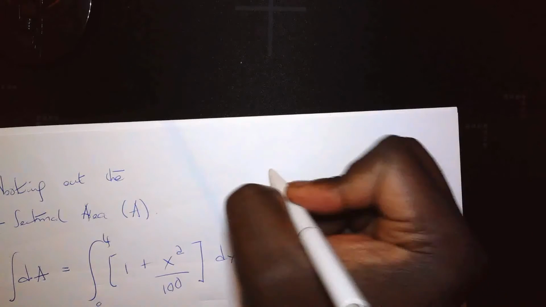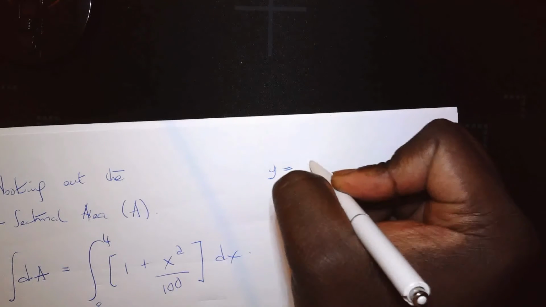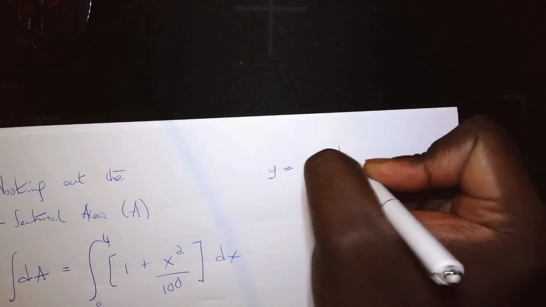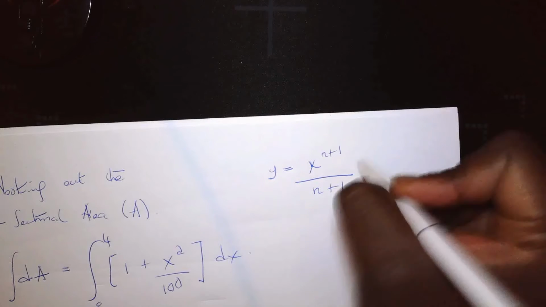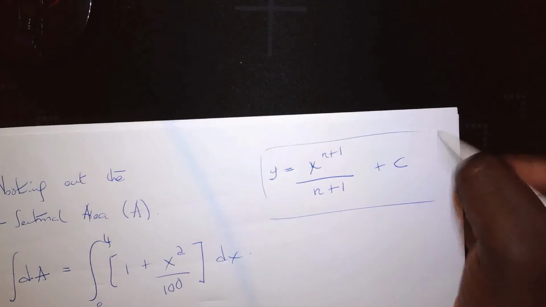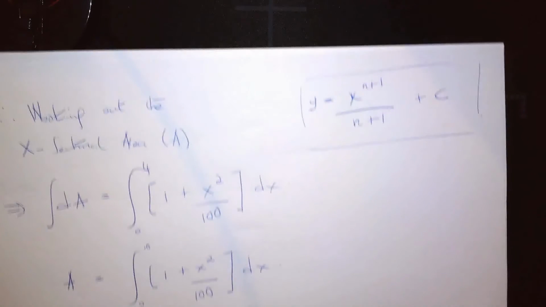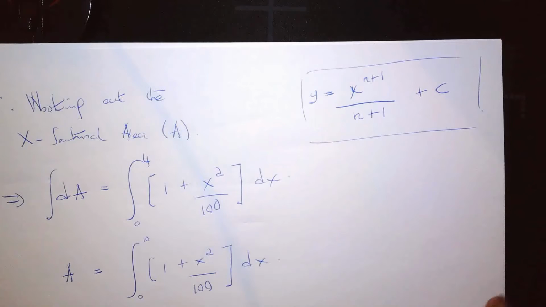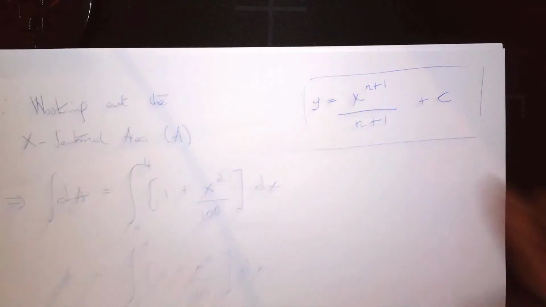Thus, y will be equal to x to the n plus 1 over n plus 1, plus c. The c is the constant of integration. Because we've got limits, we don't need to worry about the constant of integration. This is just some quick revision along the way.